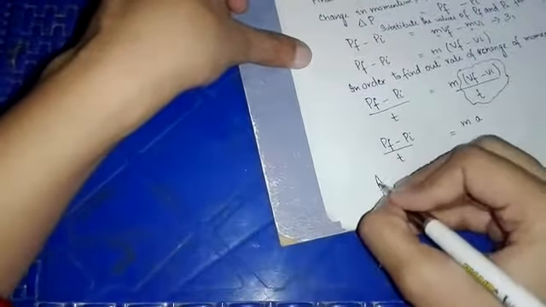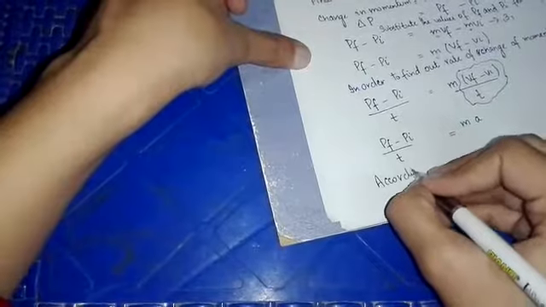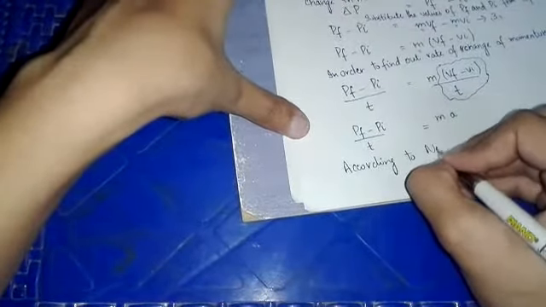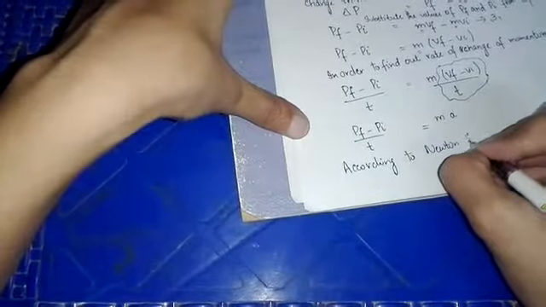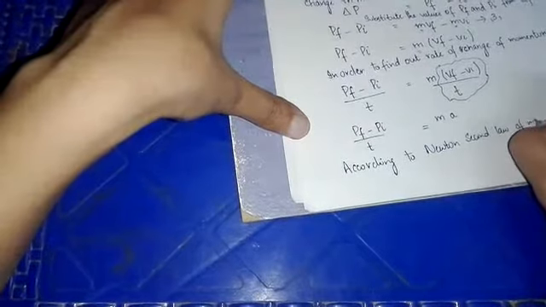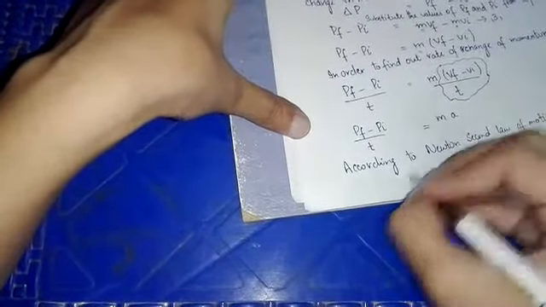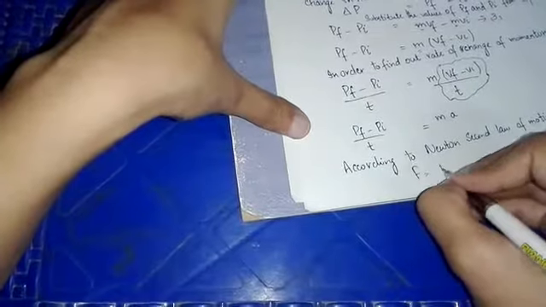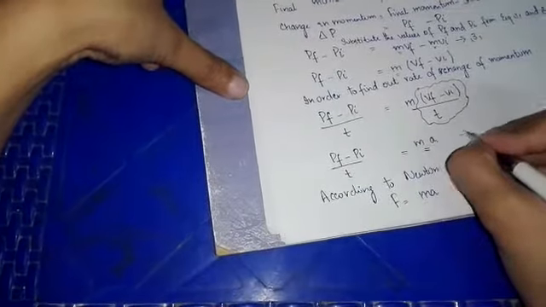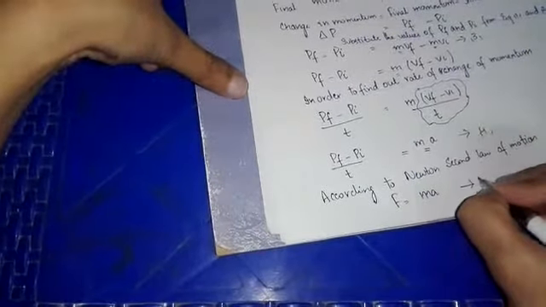According to Newton's second law of motion that we have previously done in our lecture, F is equal to ma, right? So we can put the value of ma here in this equation number 4. This is equation number 5.